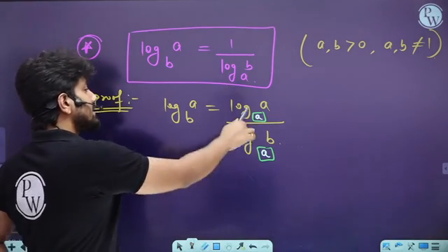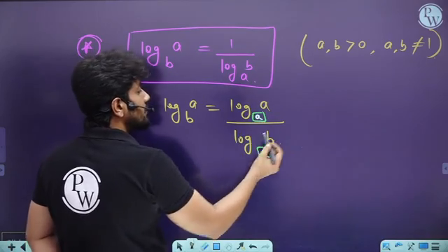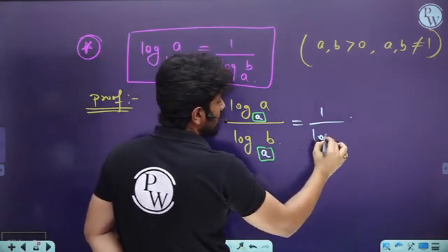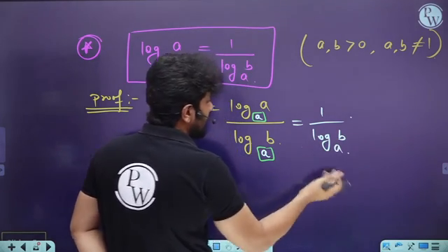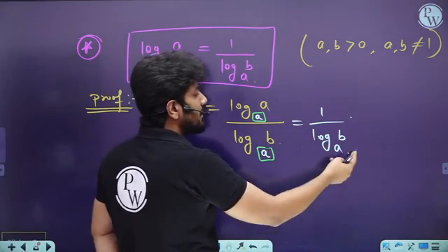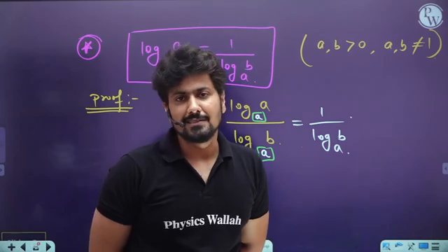I am choosing the common base as a only. Now what is log of a to the base a? It will be 1. And in the denominator we have log of b to the base a. Hence we can say that log a to the base b is equal to 1 upon log b to the base a. This is a very important base changing theorem.